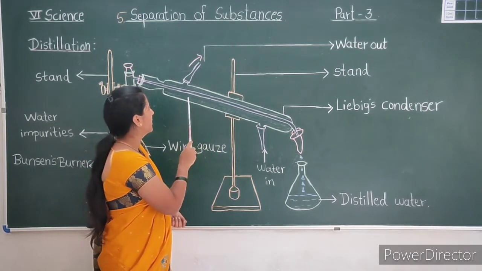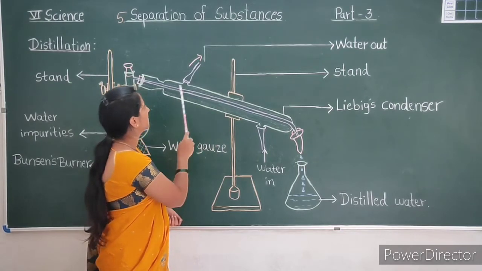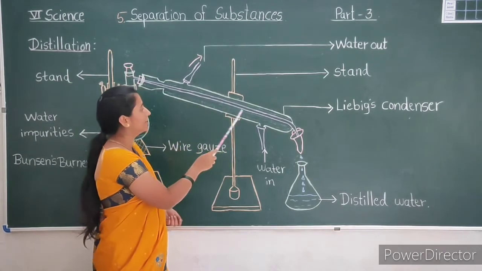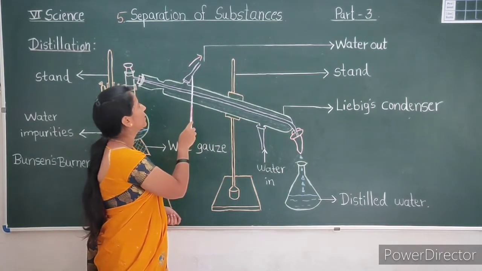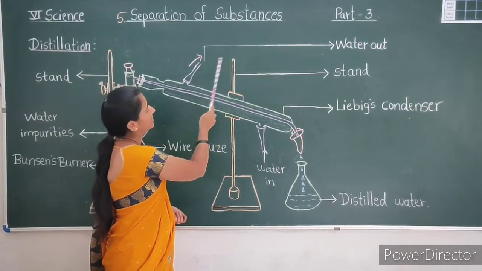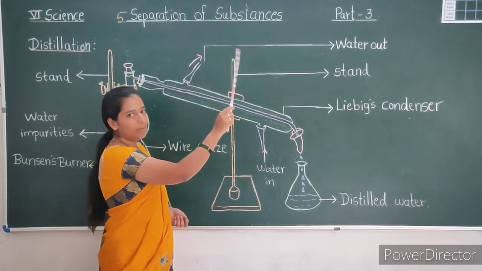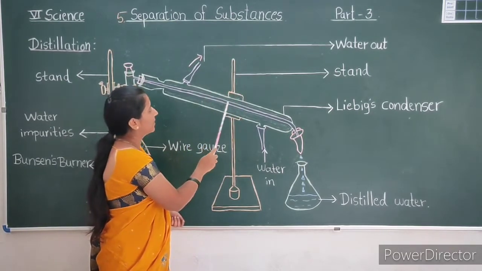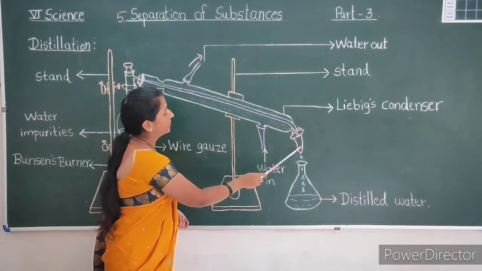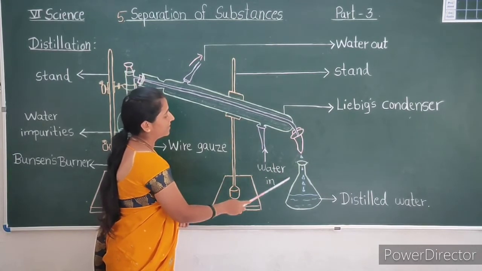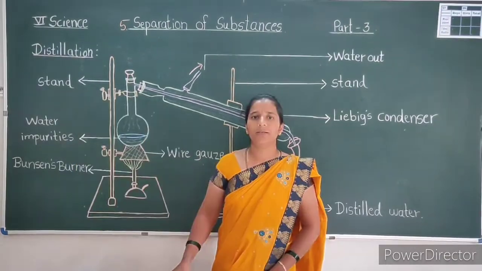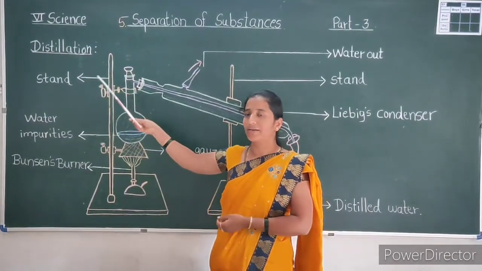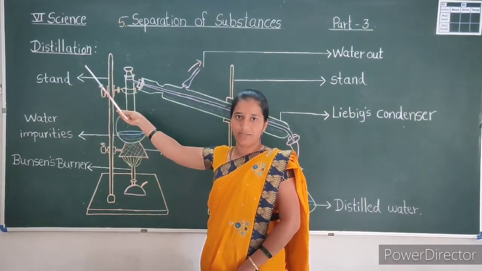It cools the water vapor in this condenser. Hot water moves outwards, and the cooling water moves in, and the vapor flows into the distilled flask to form distilled water. This process we call distillation.